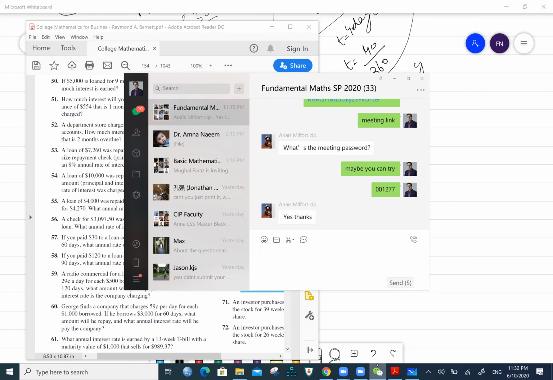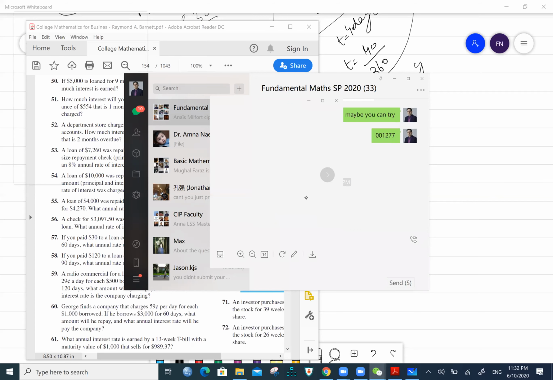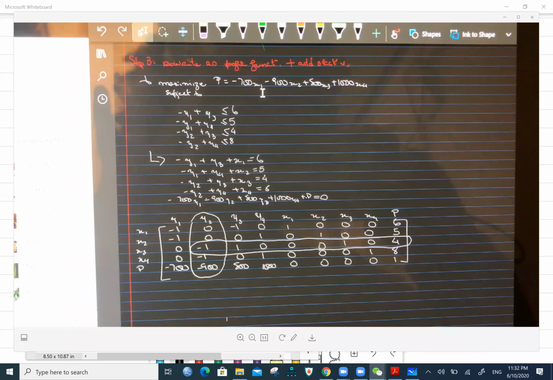So here, I understand how you continue here. In this case, you cannot continue. Why? In this case, you see, there was a condition that above the pivot column, there must be a positive number.